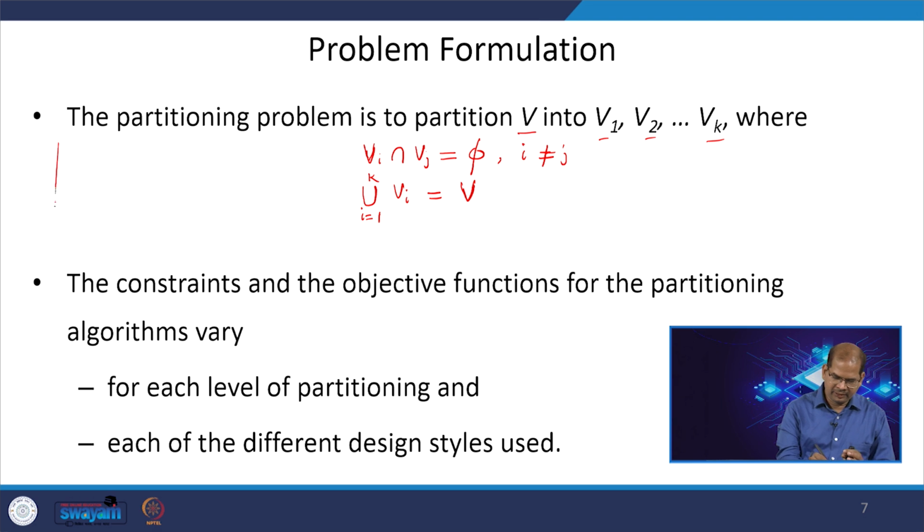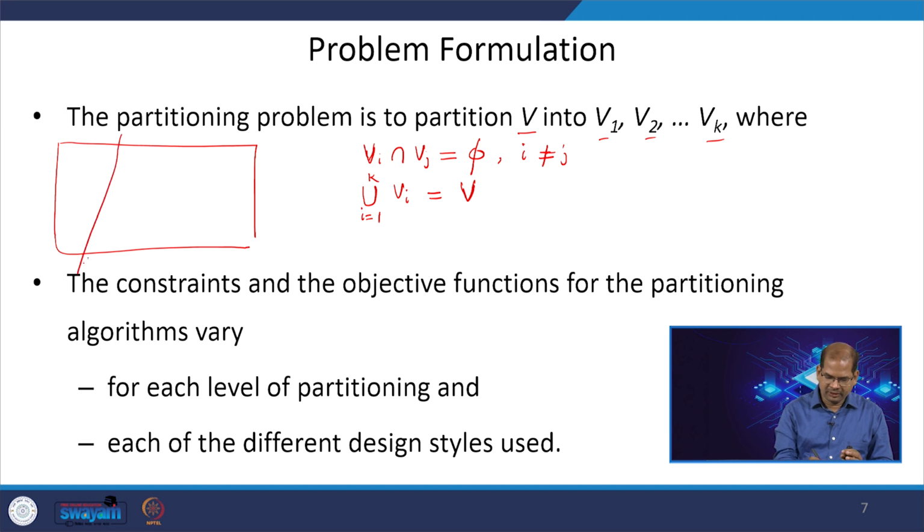Let us say I have a bigger design. I want to divide it into, let us say, 3 parts. What it says is that Vi intersection Vj means there should not be any overlap between P1, P2 or any of the partitions; they are disjoint sets.